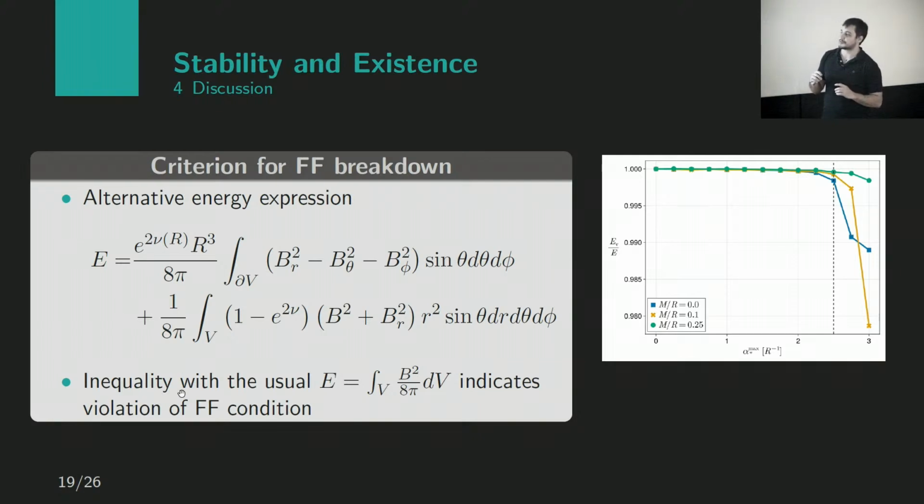This expression, which comes from the virial theorem, is valid only if you have a purely force-free field, and if you twist it too much, then it's not force-free, and this expression is violated. Yeah, we can discuss this later.